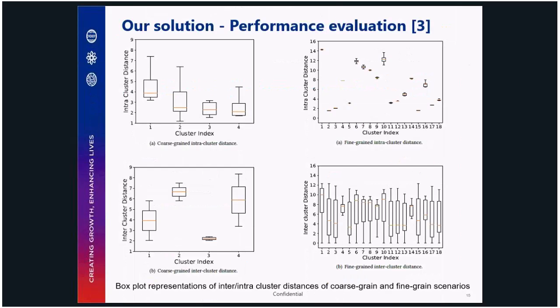And these are the box plots of the inter-cluster and intra-cluster distances at a domain level as well as at executable level. So we have 18 executables, 4 different domains. This is the intra-cluster, the top 2, and then the inter-cluster.